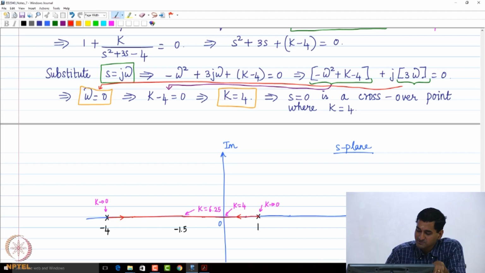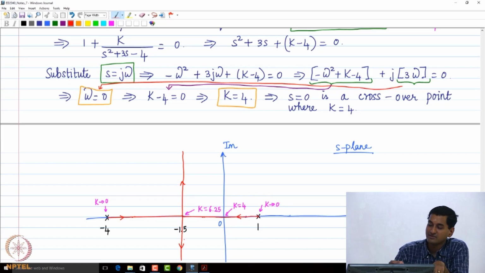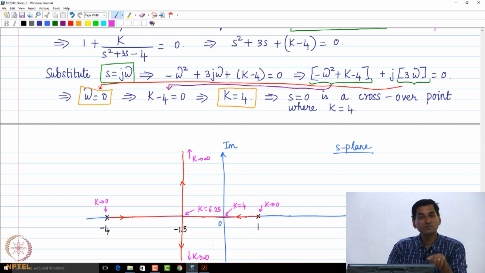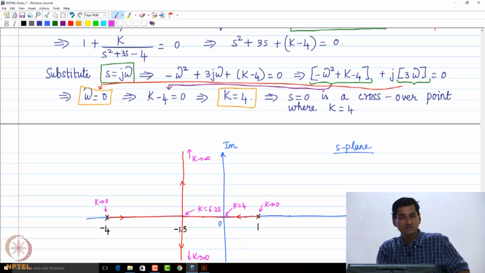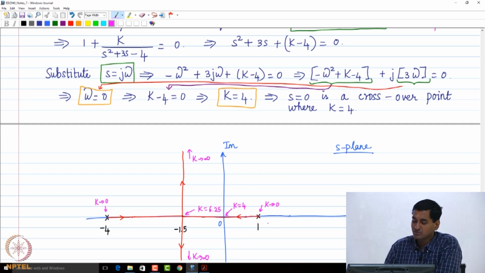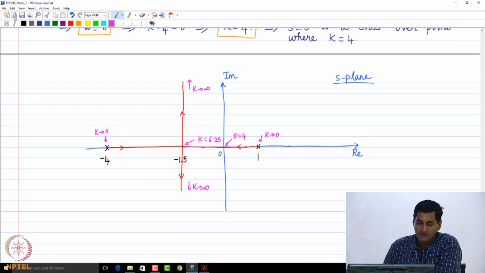So what we will have in this problem is that one branch will take off vertically upwards, and another branch will go vertically downwards. This is what happens as k tends to infinity. This is how you should mark the root locus and mark all the critical points. So that's the complete root locus for this particular problem.